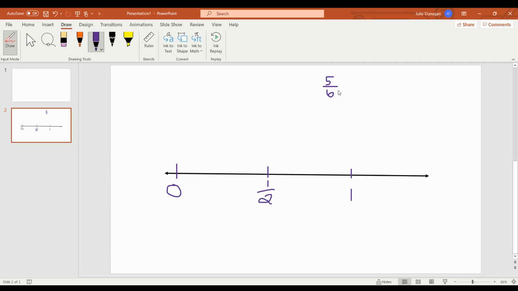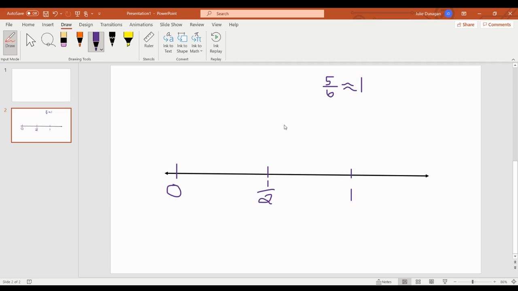Okay, so if someone said, I have 5/6 of the cake left, you could say you have about the whole cake. So 5/6 you would estimate, and that wiggly equal sign is how you say about or estimate, is about 1. So you would go to that benchmark fraction of 1.